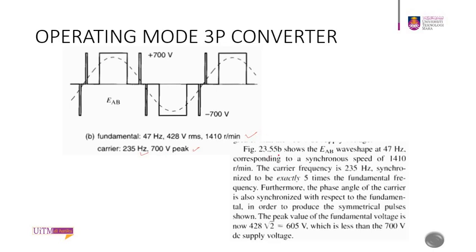This is for 47 hertz, corresponding to a synchronous speed of 1410 RPM. The carrier frequency is 235 hertz and synchronized, to be exact, 5 times the fundamental frequency. The phase angle of the carrier is also synchronized with respect to the fundamental in order to produce a symmetric pulse. The peak value of the fundamental voltage is 605 volt, which is less than the 700 volt peak voltage.